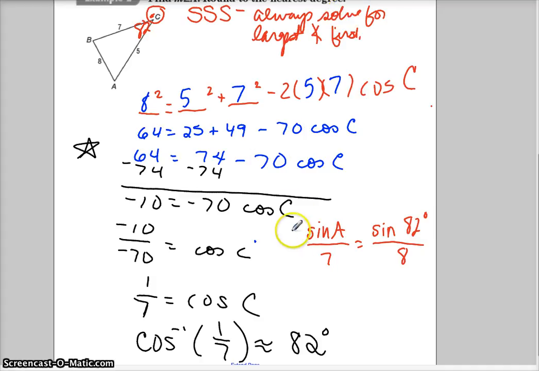So let's isolate sine A by multiplying both sides by 7. And then let's calculate this.